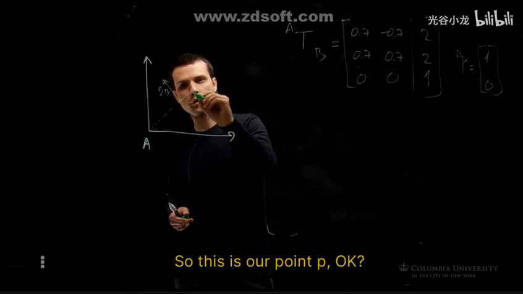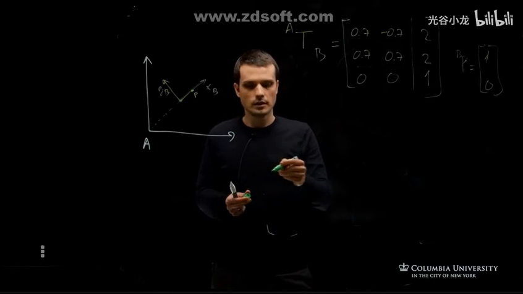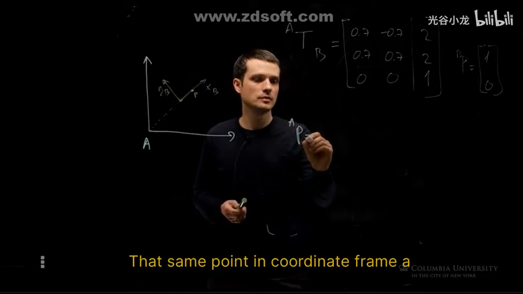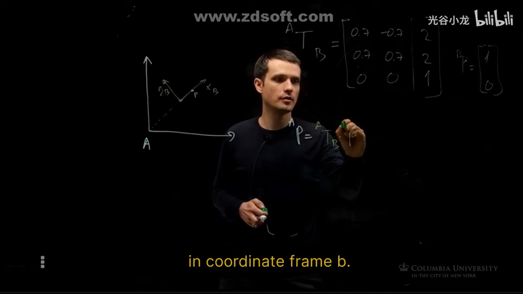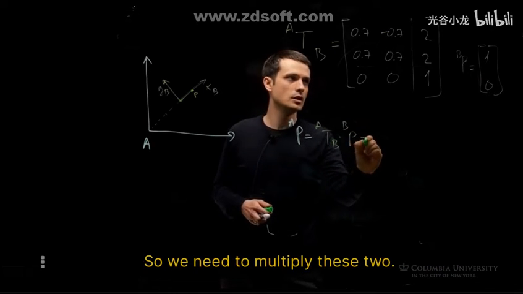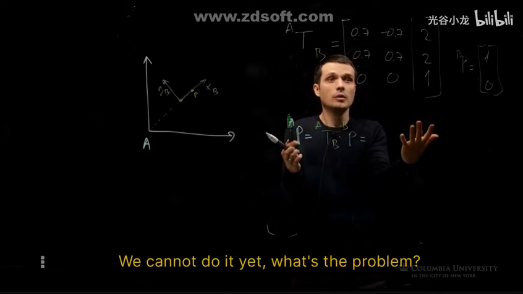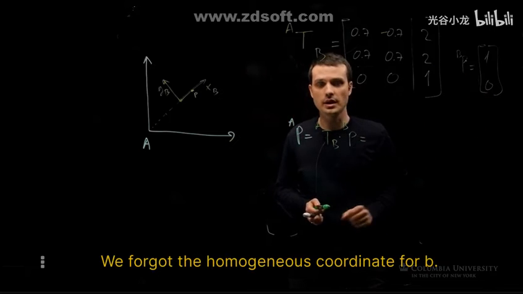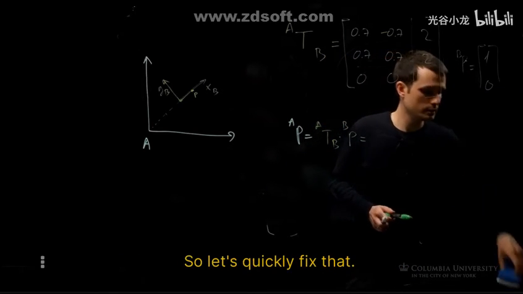So this is our point P. That same point in coordinate frame A is going to be the transform from A to B times the point in coordinate frame B. So we need to multiply these two. We cannot do it yet. What's the problem? We forgot the homogeneous coordinate for B. So let's quickly fix that.